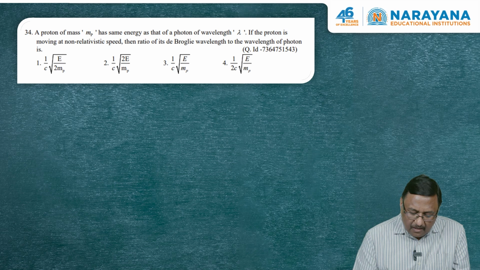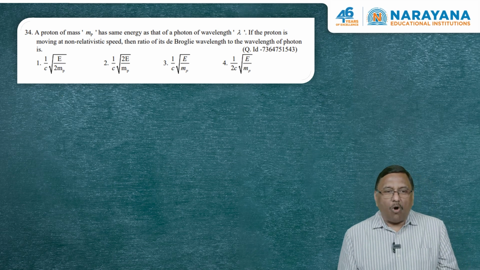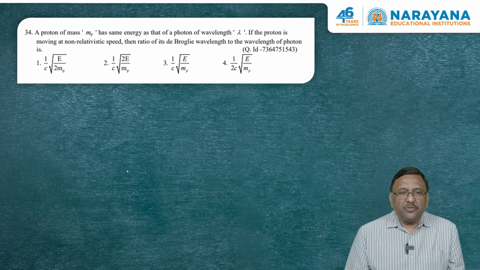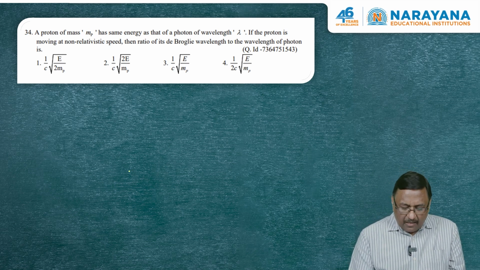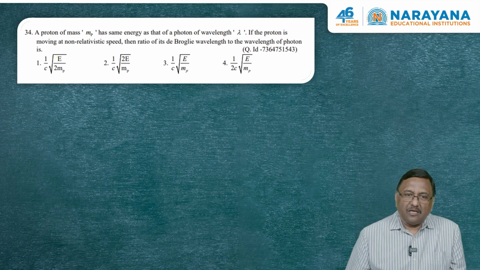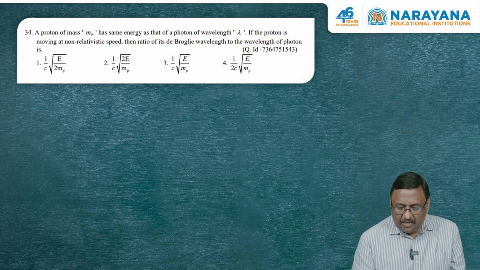If I denote it by E, because in the options they are showing something like E, but in the question there is nowhere E written, so we should treat E as the total energy. As he is saying the proton of mass mp has the same energy as that of the photon of wavelength lambda, this energy should be taken as E.